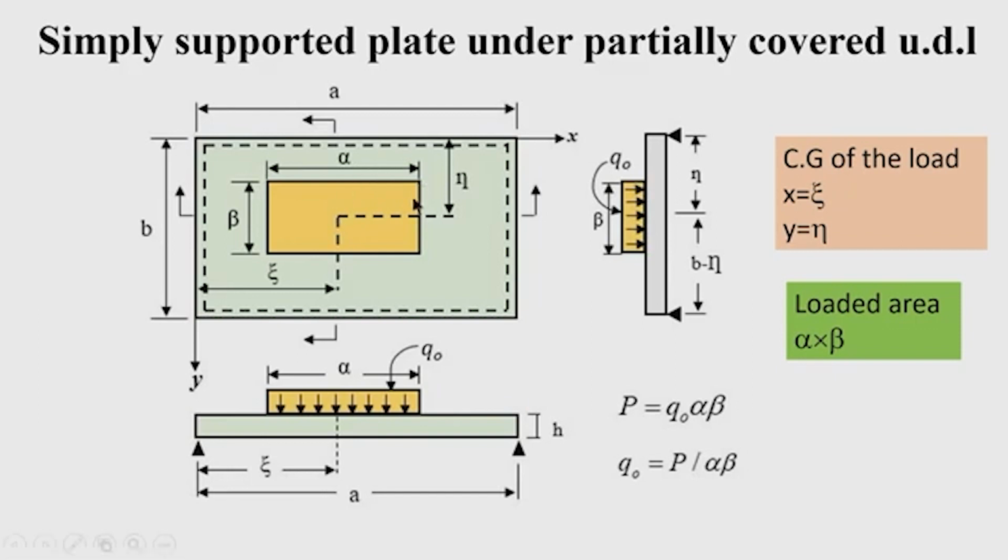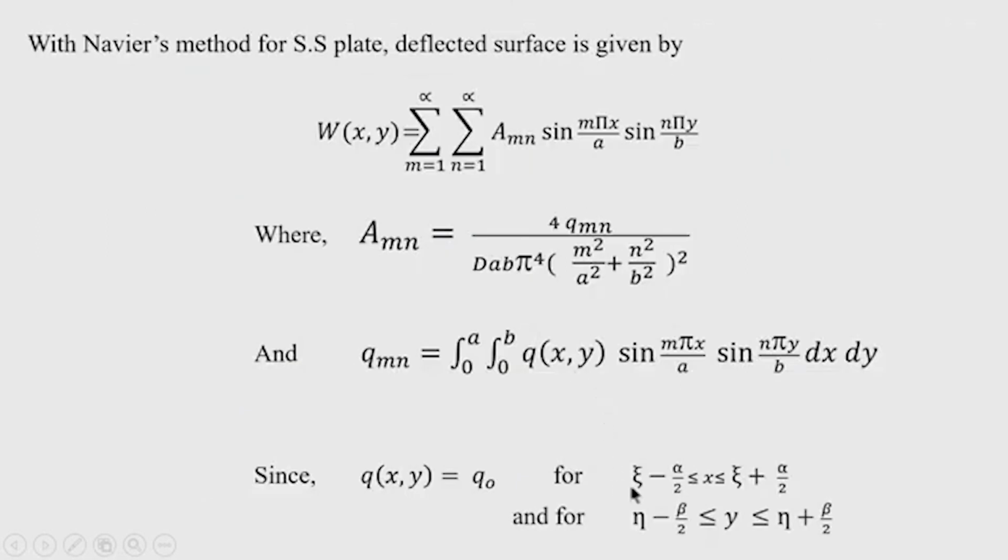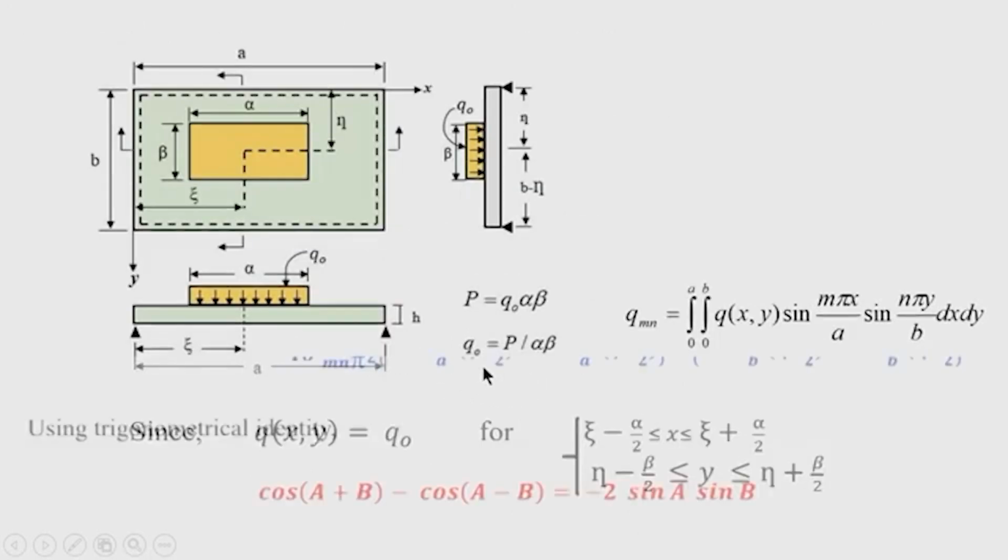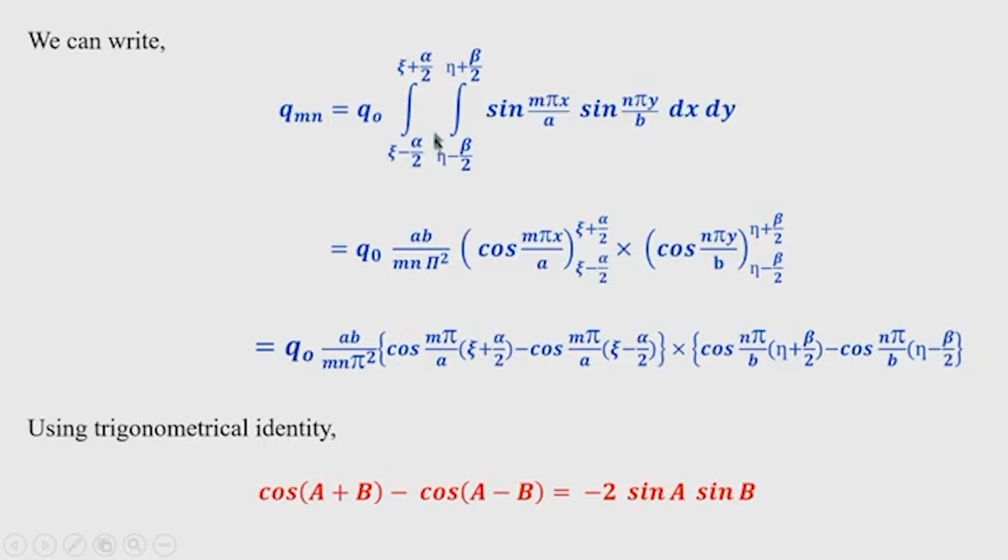Similarly, in the y direction, the lower limit is eta minus beta by 2, and the upper limit is eta plus beta by 2. So, these limits are written here. Okay. The only thing is that you have to evaluate in the same way by changing the limits of integration. So, the limits of integration have been changed suitably and the integration is carried out.